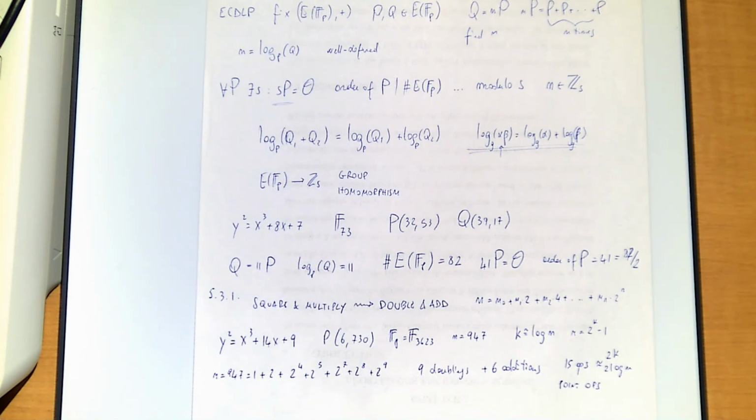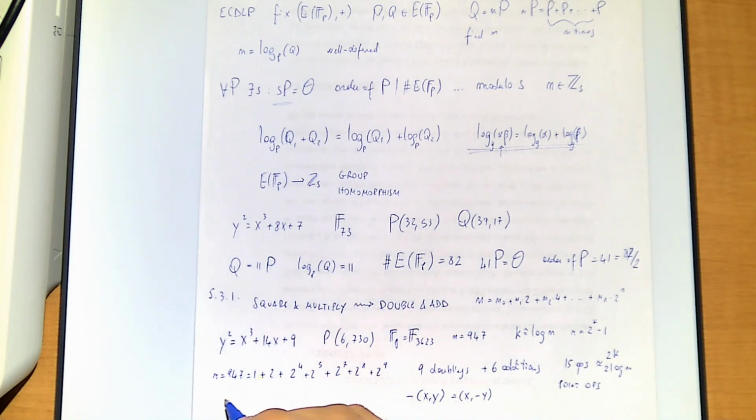But in the case of a subtraction, if I have the point (x, y), its negative is (x, negative y). Where in the square and multiply algorithm I had to compute an inverse, which is expensive, since I have to use the extended Euclidean algorithm or something else, here using a negative is basically free, so we can use subtractions and see if this leads to fewer operations.